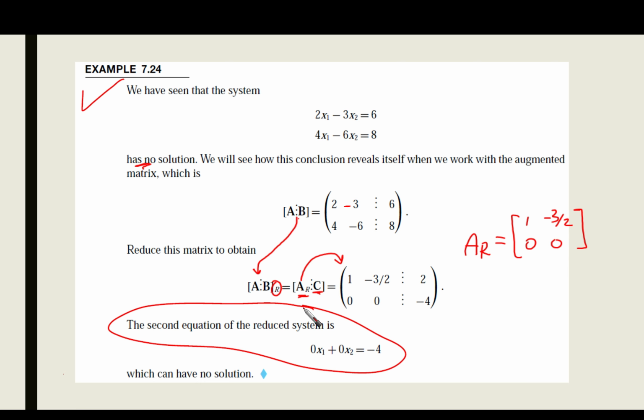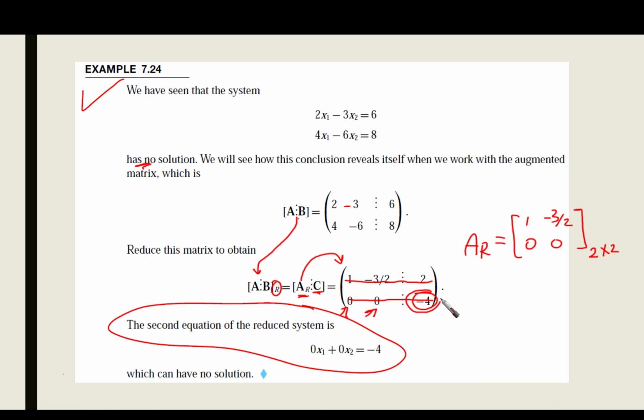But if you look at the augmented matrix, how many non-zero rows do you find? The augmented matrix is 2 by 3, right? But AR is 2 by 2. The second row has -4, so this means that it is a non-zero row, even though it has 2 zeros here, not all of them are zeros.